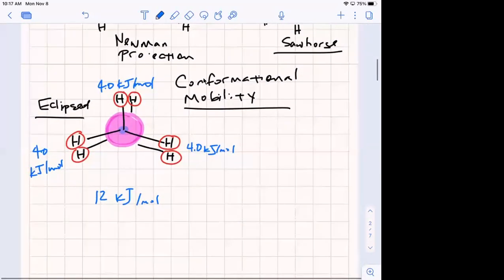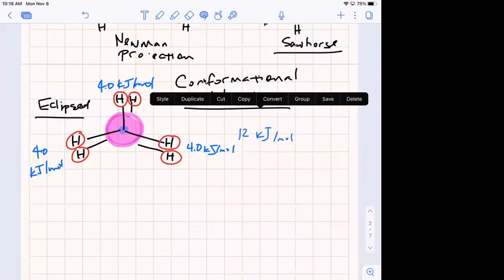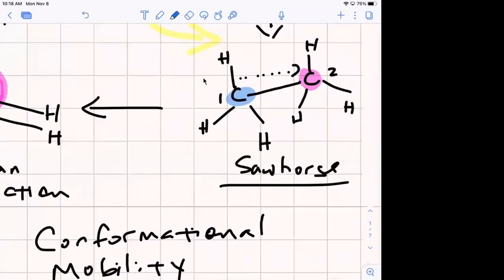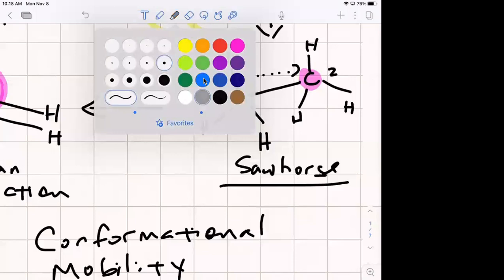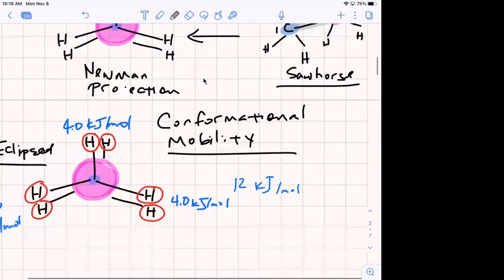And so to alleviate that strain, which in this case is torsional strain, the hydrogens are not big enough to cause steric strain. We're going to look at propane and butane to talk about steric strain. But in order to alleviate that, the carbon-carbon bond here that you see up here, we can rotate around it.